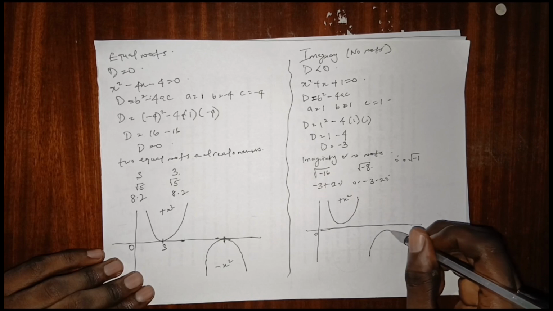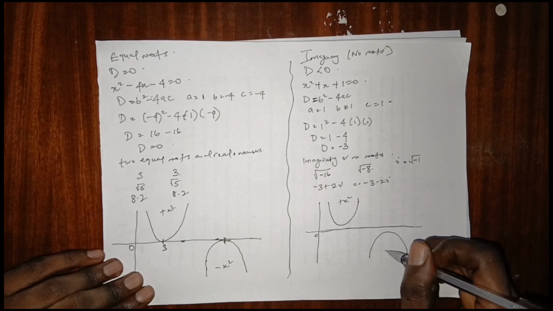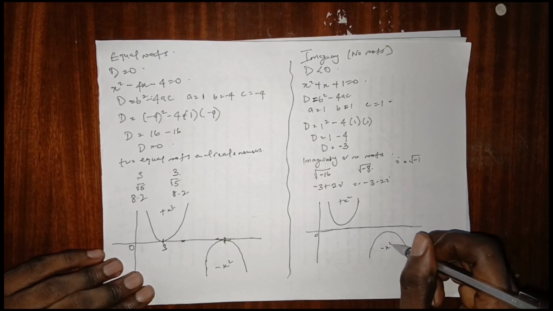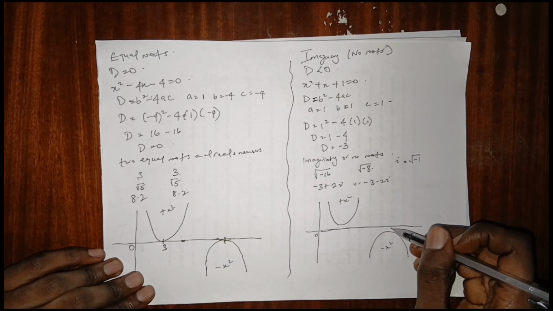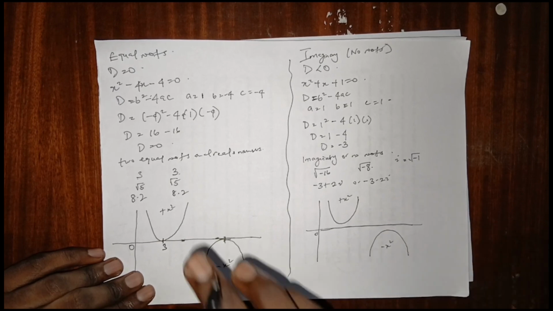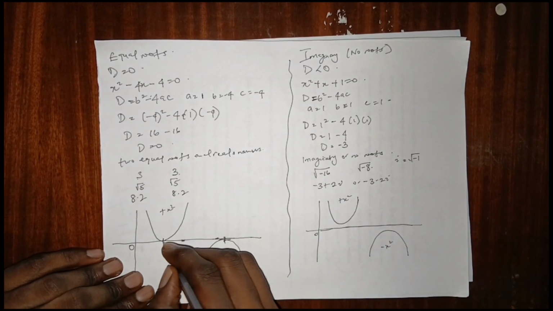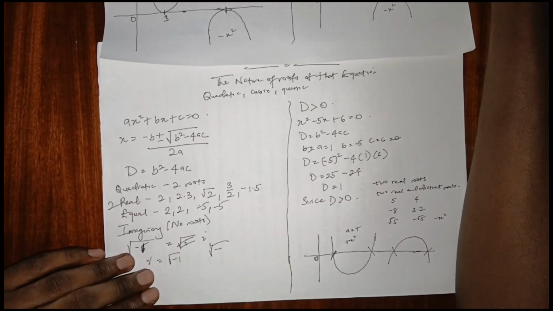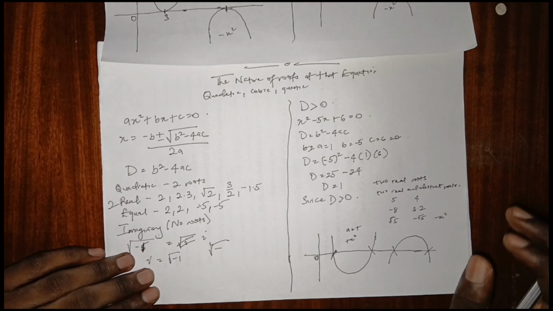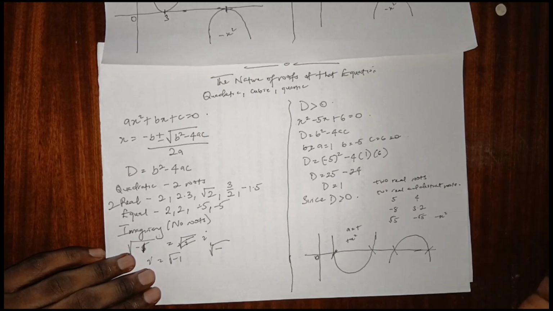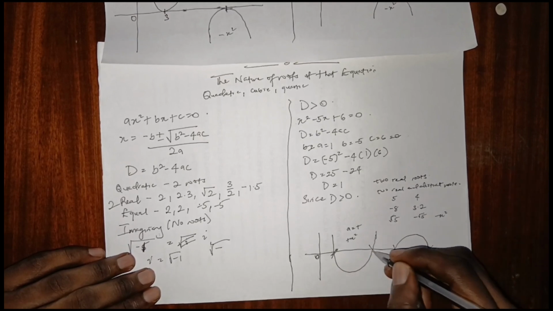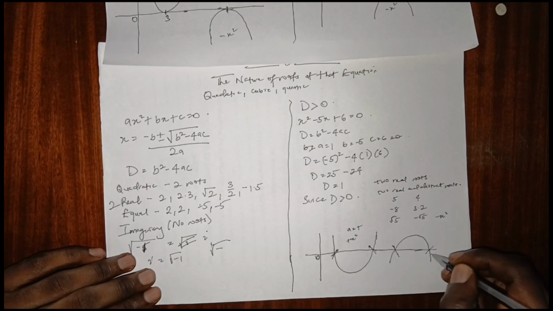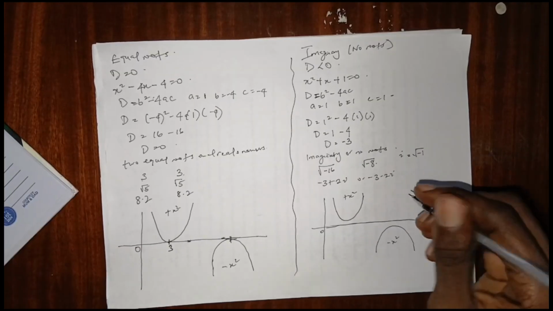If you have a negative x squared, your answer will be something like this. The idea is to show that it won't be touching the x axis, but for equal roots it is just touching at one point, and for two real distinct roots it is touching at two different points. That's if you plot the quadratic graph. Thank you.